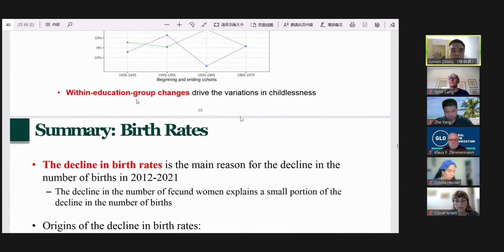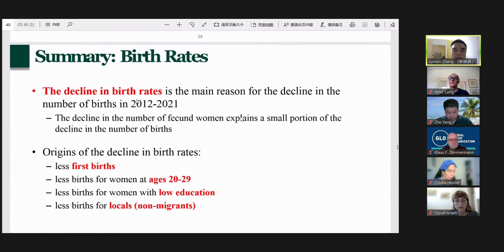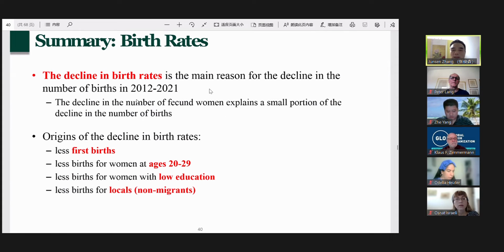So in a short summary, the decline in birth rate is the main reason for the decline in the number of births in 2012 to 2021. The decline in the number of current women explains a small portion of the decline in the number of births.